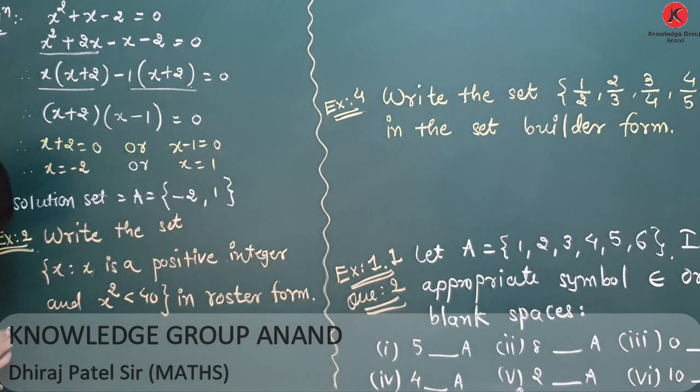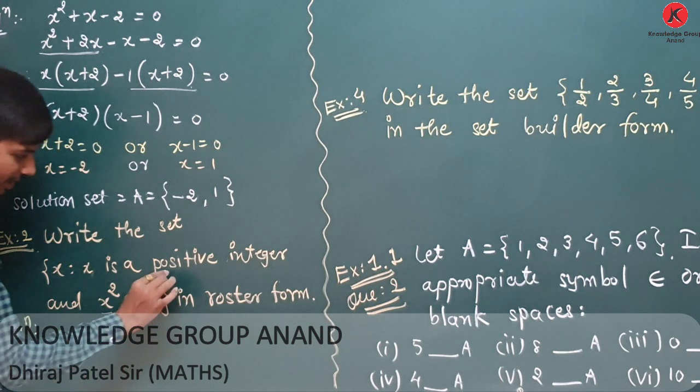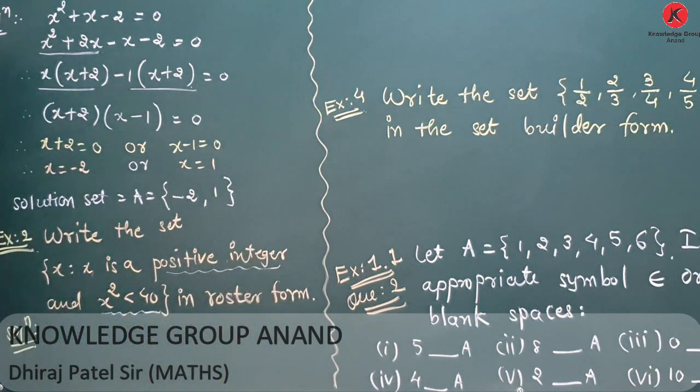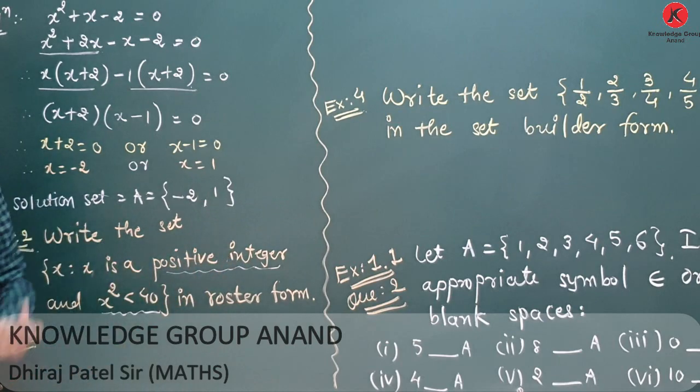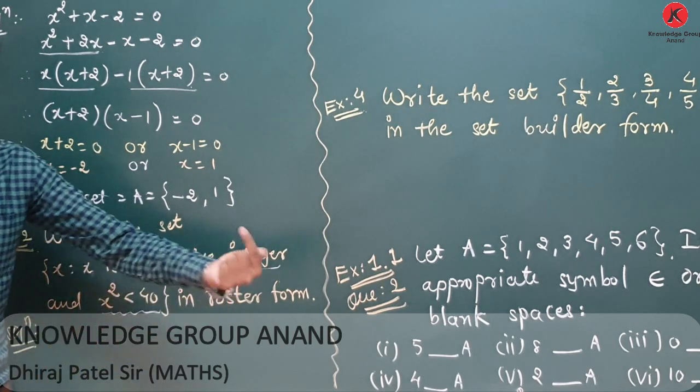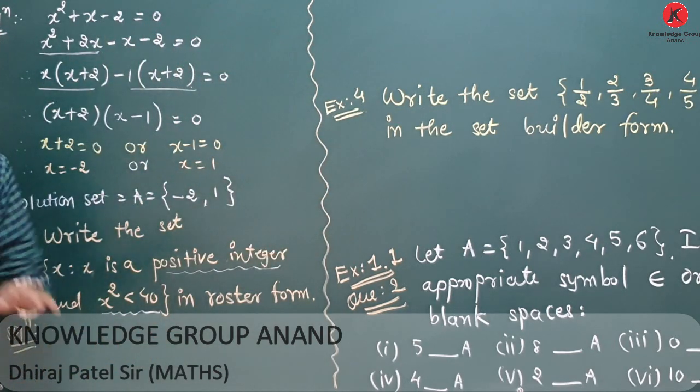For writing the roster form of the given set, you have to remember this one is the first condition and this one is the second condition. Now see here, x is a positive integer. There are lots of positive integers like 1, 2, 3, 4, 5, 6 up to infinity.